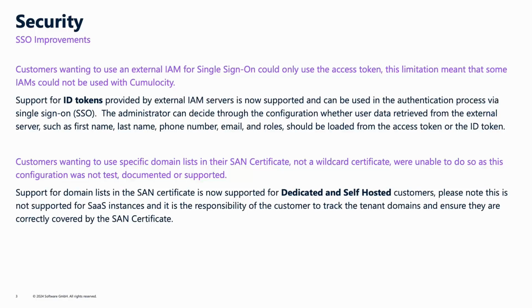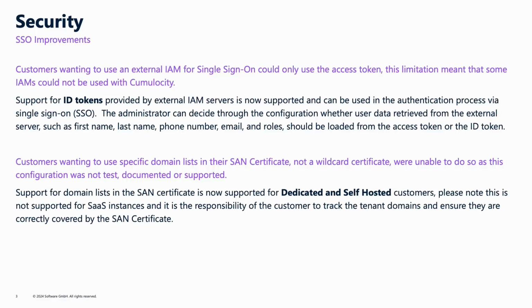We have some customers who do not like the idea of using wildcard certificates. So to be very clear, this is really for dedicated and self-hosted customers. This is not available for our SaaS customers. But what you can now do is not use a wildcard certificate. You can instead use a list of domains.